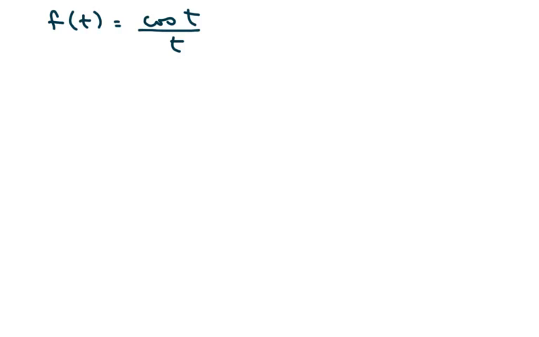Okay, the next two are quotient properties. So we're going to take the derivative of f, and so that means we're going to write down our quotient first, which is t, and the derivative of cosine of t is negative sine of t.